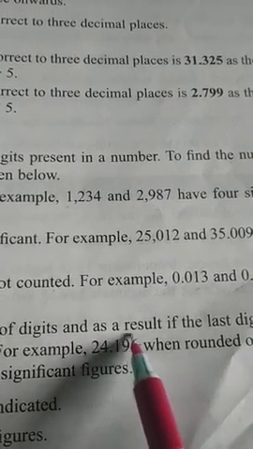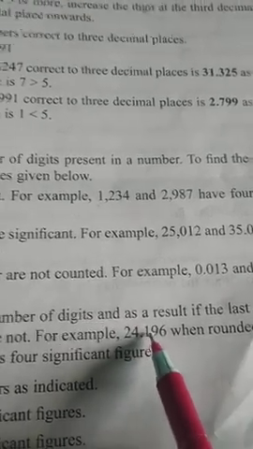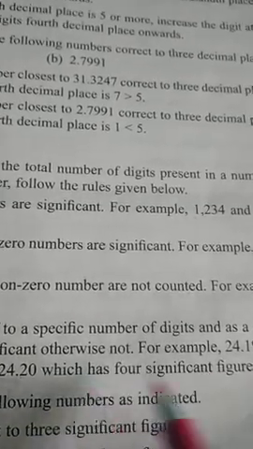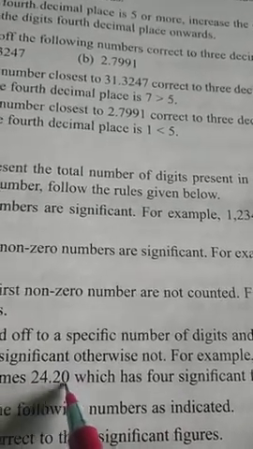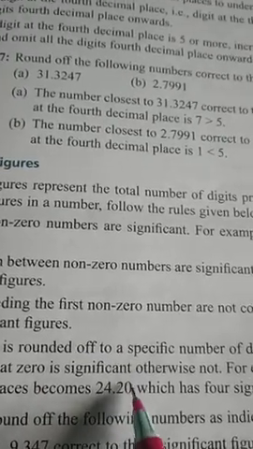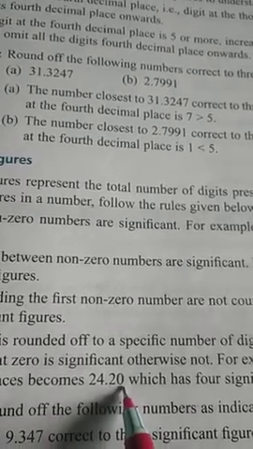It is 6, more than 5, so 9 will become 10. So 24.20. In this case this 0 will be counted as significant. If after rounding off the 0 comes at the last, then it will be counted as a significant figure.